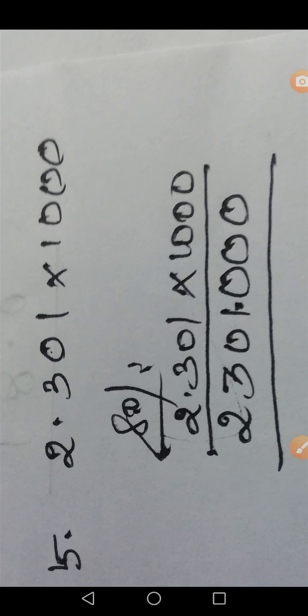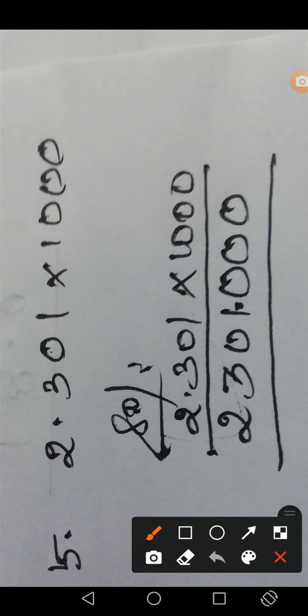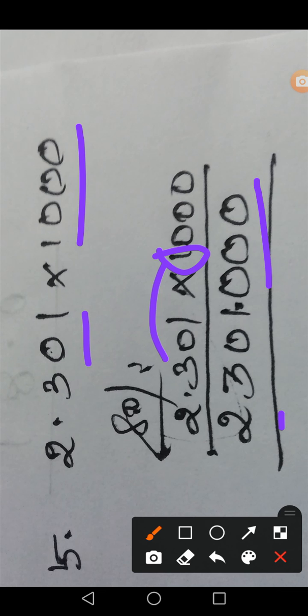2.301 into 1000. In the given question, 2.301, the 3 and 0 have zeros between them. Zeros in between are valuable. This number has 1 after the 3 zeros, so 1 after zeros is meaningless. So the 3 zeros first of all we write. Then the product of 1 with something gives the same numbers. So how to implement the decimal? Correct. Thank you students.